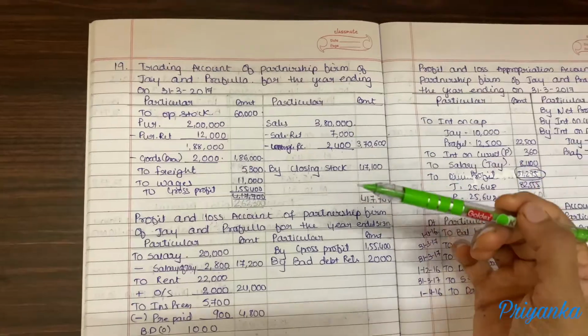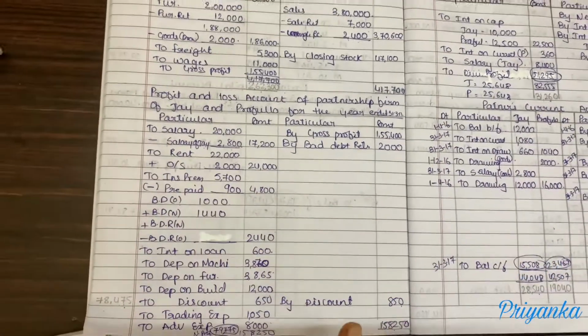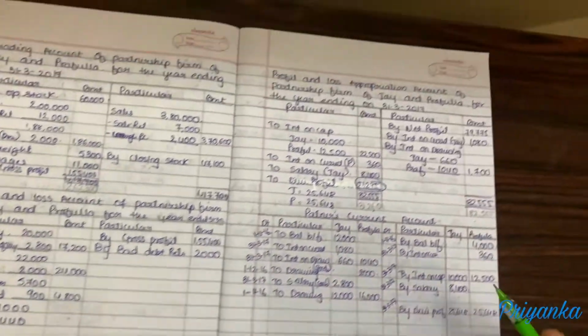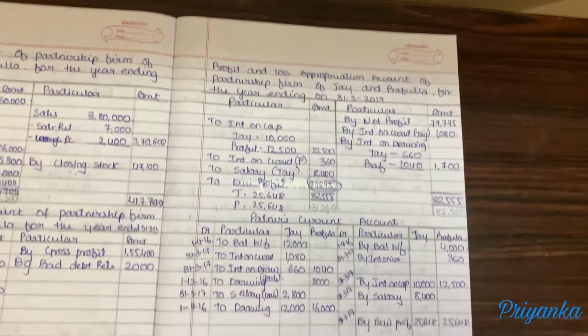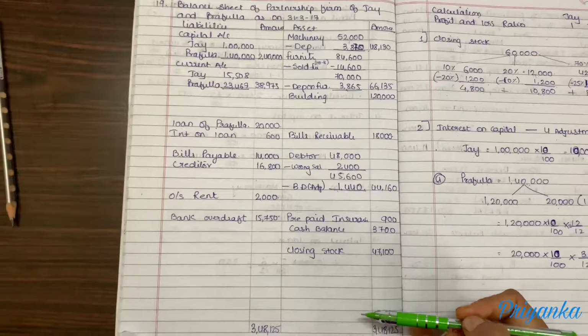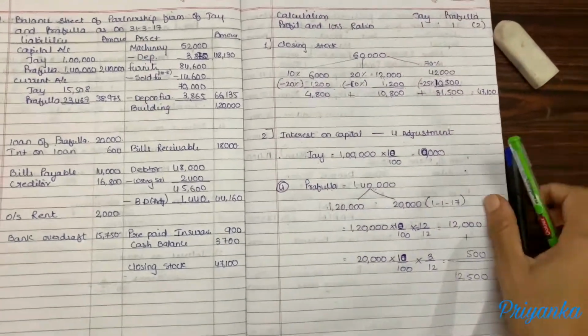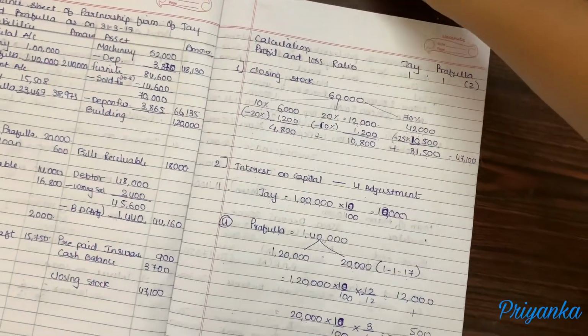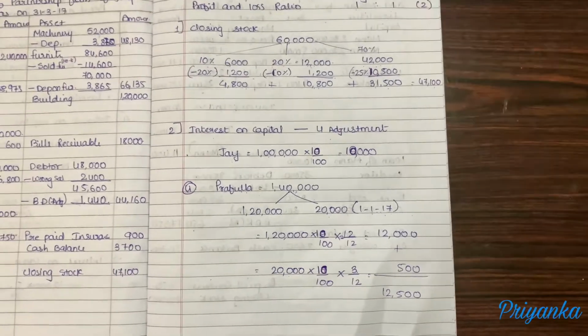Just take a last look at the trading account, profit and loss account, profit and loss appropriation account, partners' current account, balance sheet, and the most important is the calculation of all the adjustments.